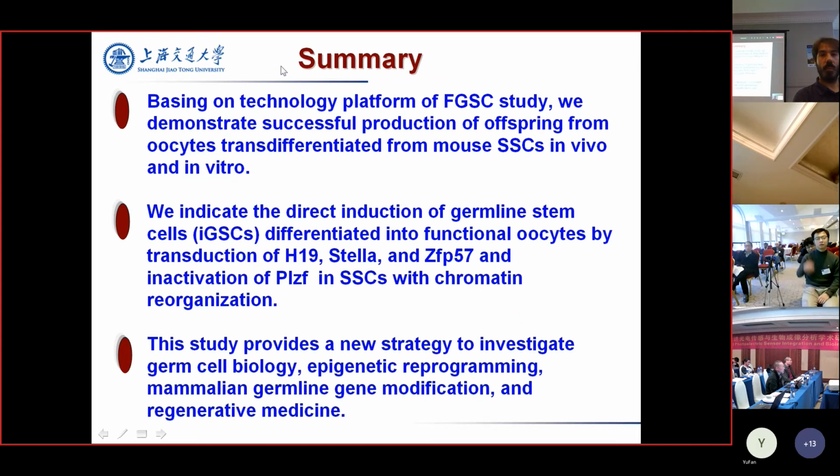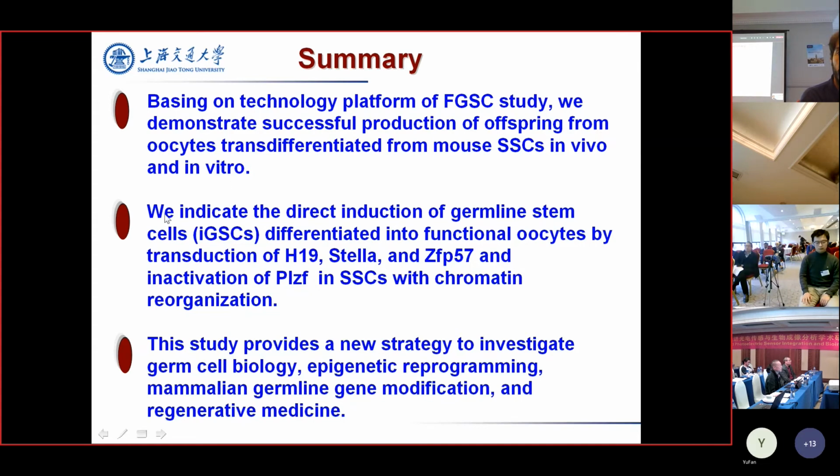I try to summarize based on the technology platform of the study. We demonstrated the successful production of offspring from oocytes transdifferentiated from mouse SSCs in vivo and in vitro.